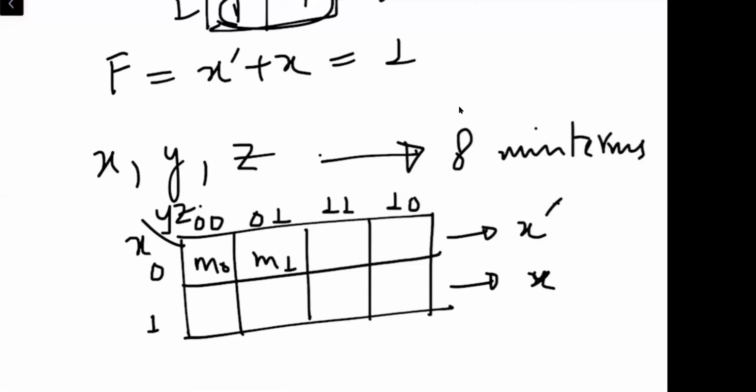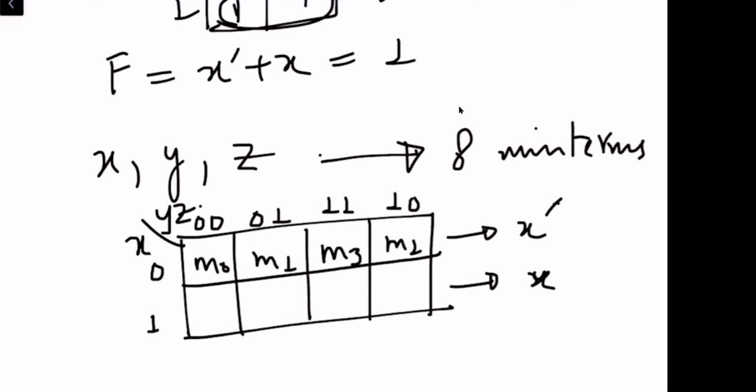The next adjacent box is x is 0, y is 1, and z is 1, which is 0, 1, 1, m of 3. Then the next adjacent box is x is 0, y is 1, and z is 0, which is m of 2 over here.